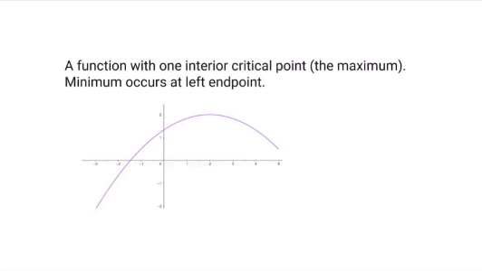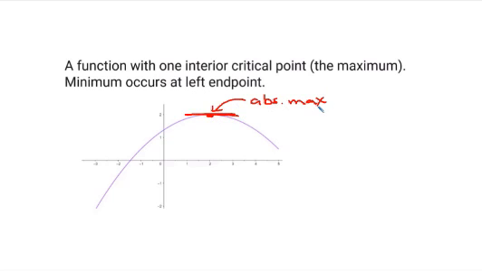A function with one interior critical point, the maximum, okay? The minimum occurs at the left endpoint. So what do we have going on here? We have a critical point right here, all right? We know that the slope of the tangent line there would be 0. This is a maximum, and that is an absolute max, all right?